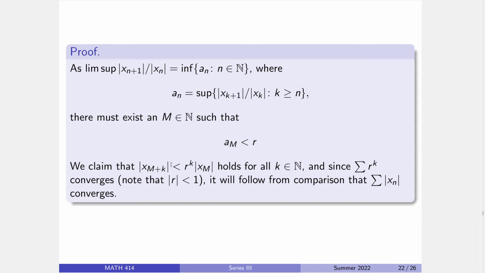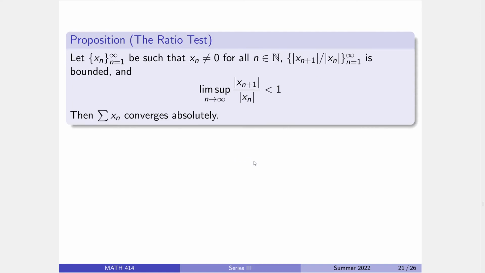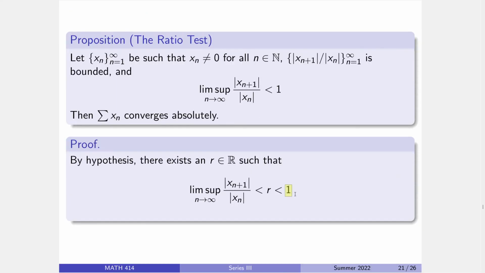I claim now that what I can prove is that x sub m plus k is strictly less than r^k times x sub m for all k. And since this converges, because note, R has to be less than 1 in absolute value. Note where R lives. R is less than 1.